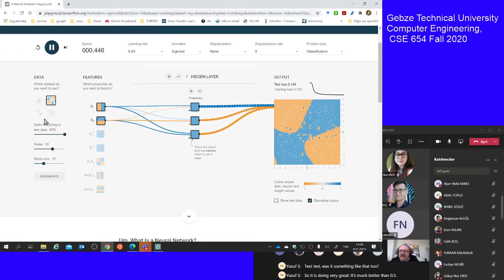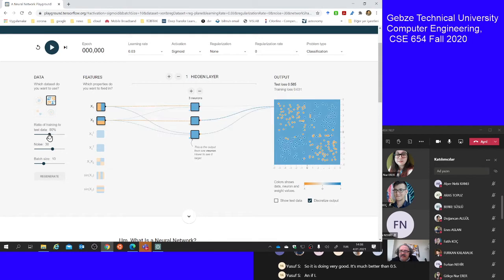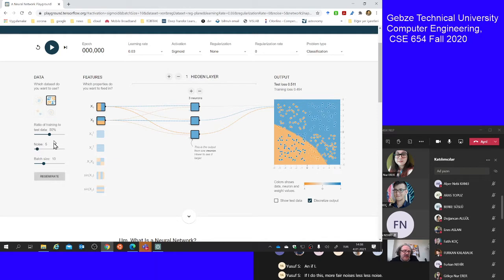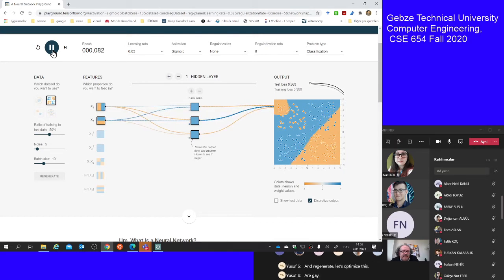And if I do this with less noise, and regenerate, let's optimize this. It should get better than that. And training loss is getting smaller and smaller.